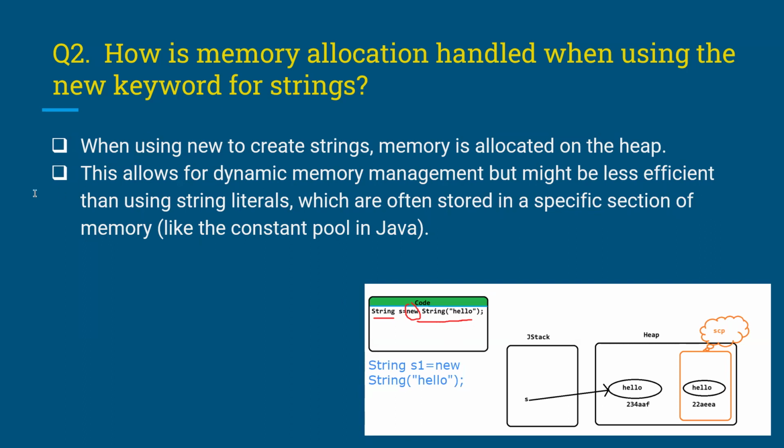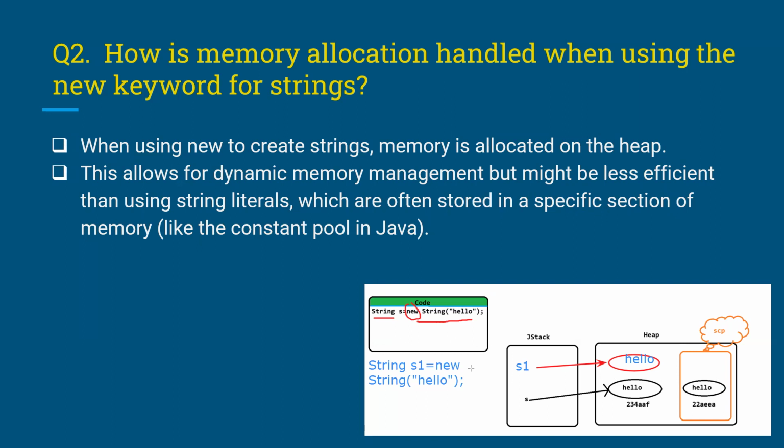In this case, it is going to create another new object, though the content is already available inside the heap. It still creates a new object, and S1 will point to it like this. I hope you understood.